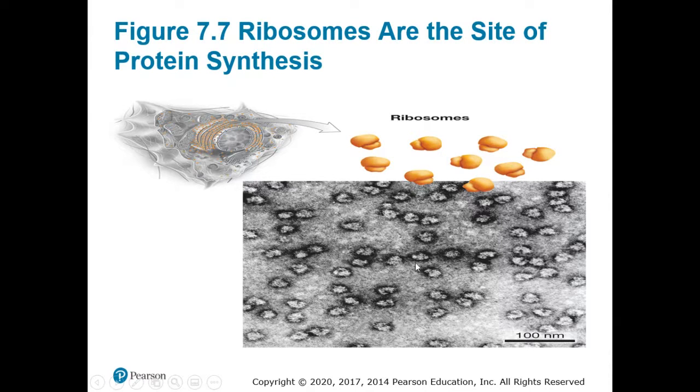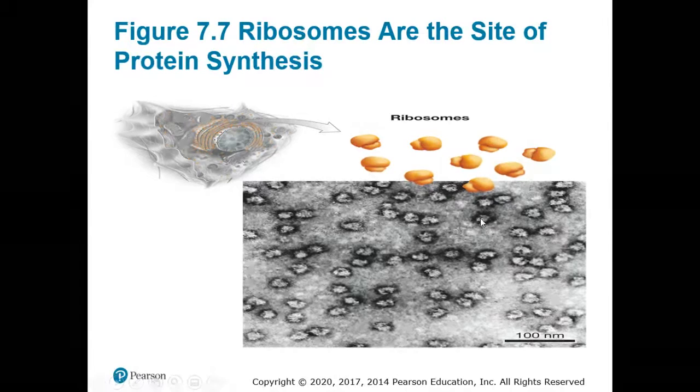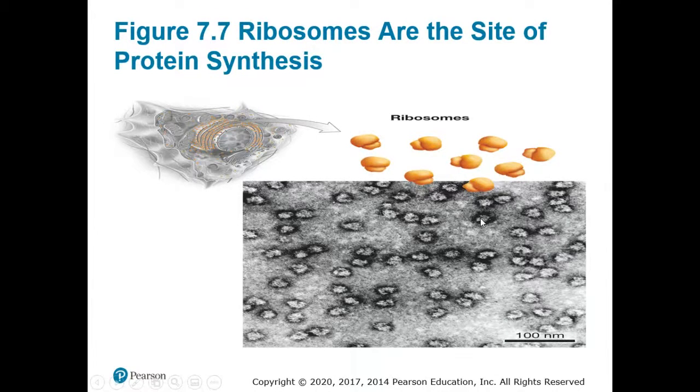Okay, so here we're looking at ribosomes, actual real ribosomes under electron microscope, and these are animations of ribosomes based on extensive research. Scientists nowadays are able to come up with three-dimensional views of ribosomes, given these two-dimensional images extracted from electron microscopes.